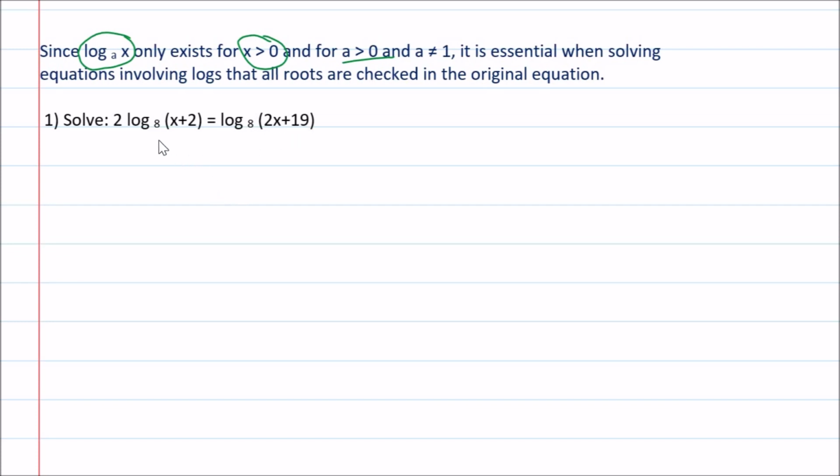Now you can see both sides have a log, but the difference is that on the left side, before the log, we have a multiplier 2. So we will apply the power rule to shift this 2 to the bracket. We can write log base 8 of (x plus 2) squared is equal to log of 2x plus 19 on this side as it is.